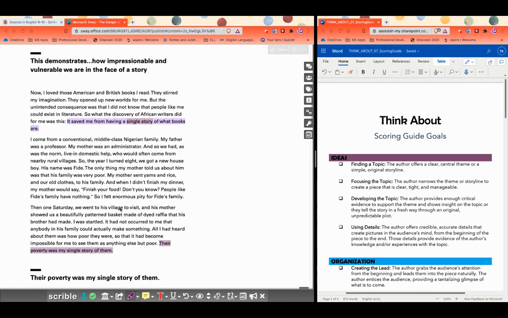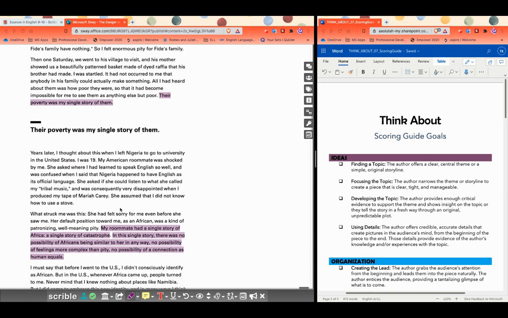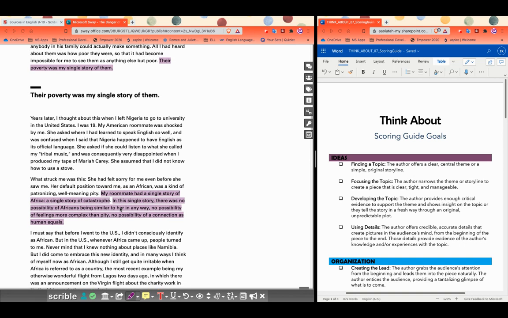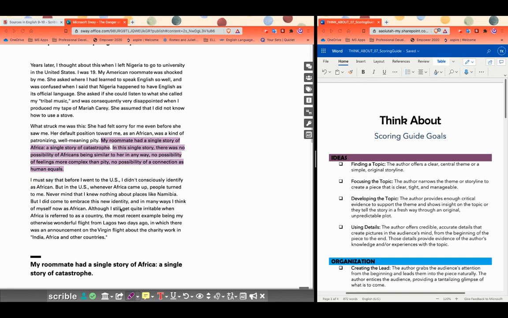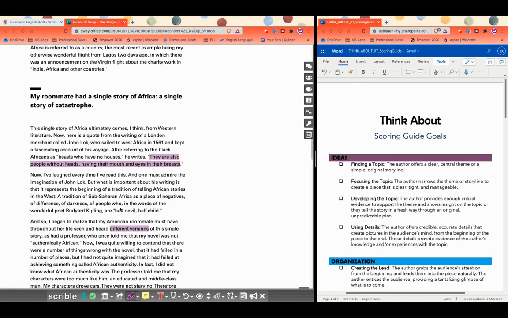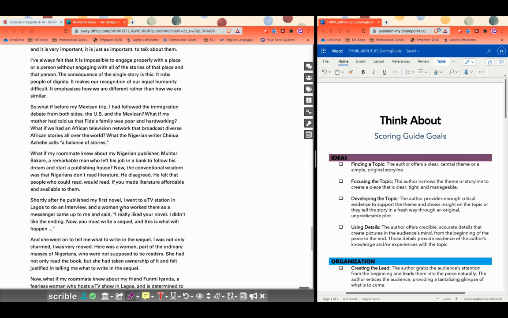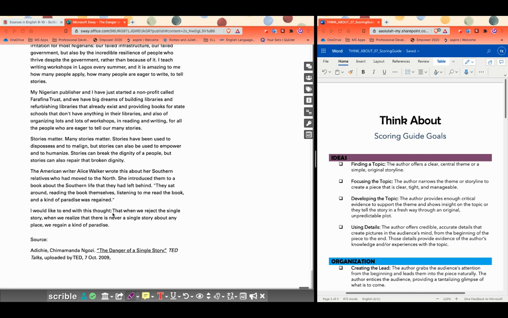Or you could talk about, she focuses a lot on how having a single story of Africa is dangerous and how the United States has developed that single story. And at the end, the very last sentence might also help us identify a possible other sub theme, that when we reject a single story, we realize there's never a single story about any place.